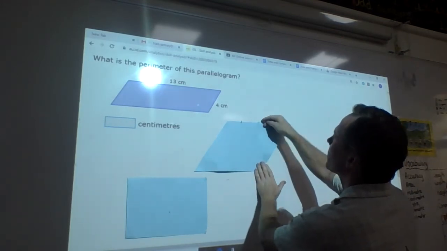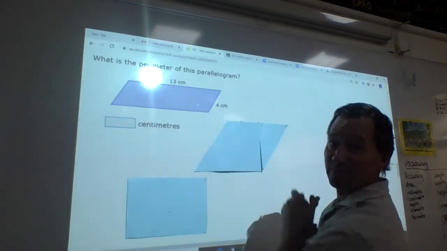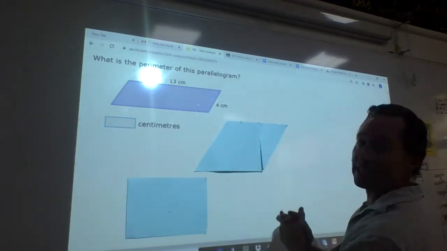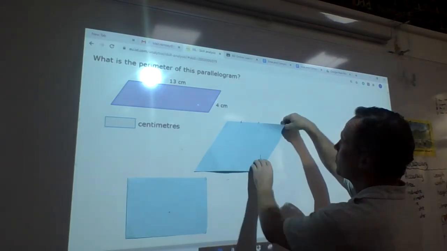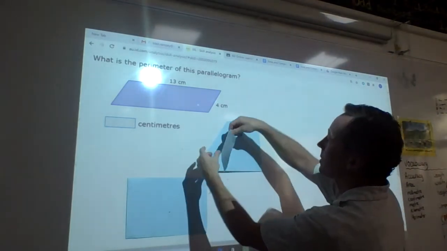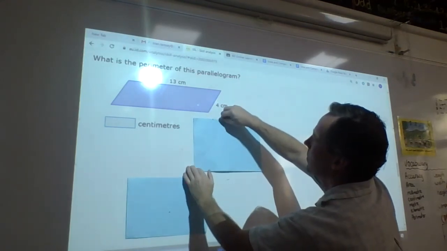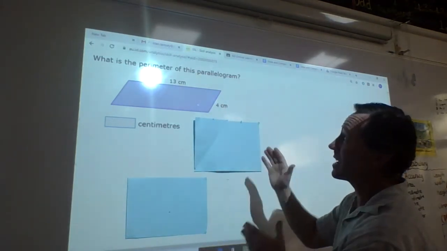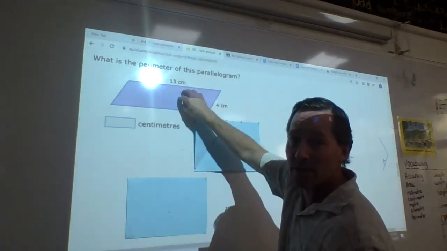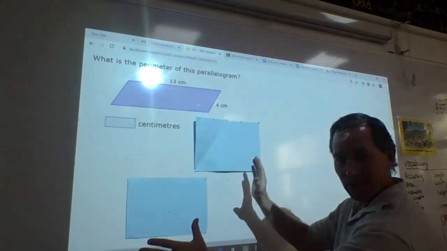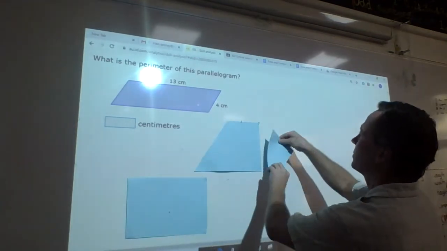So at the moment, this shape is that shape there. Okay, so exactly the same. If I wanted to work out the rectangle shape, I'm just turning this around and it'd give me that. Okay. So it's pretty much the same way you would work out the area of this particular shape. I know we're doing perimeter, but I just wanted to show you that's all we're sort of doing when you're working out.